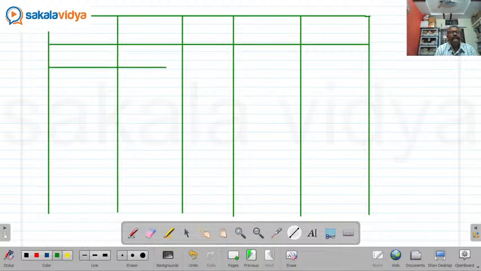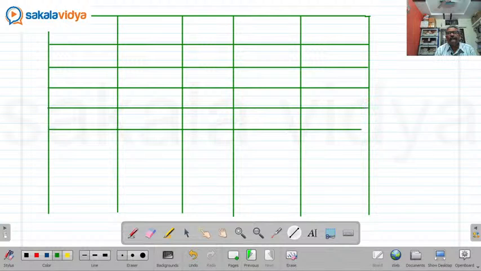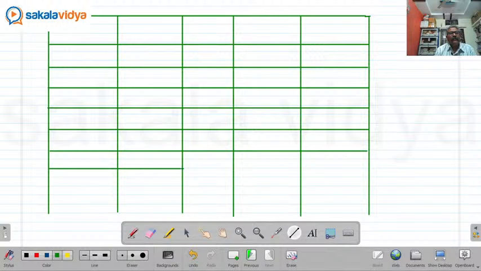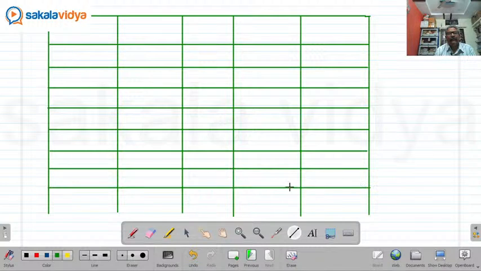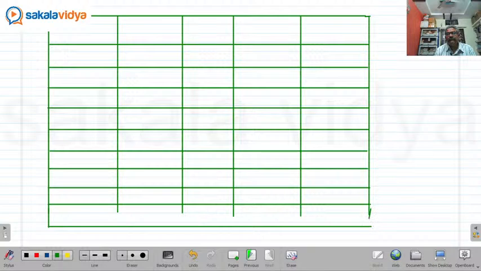This is 15 to 20, 20 to 25, 25 to 30, 30 to 35, 35 to 40, 40 to 45, 45 to 50, right. Just extend it.